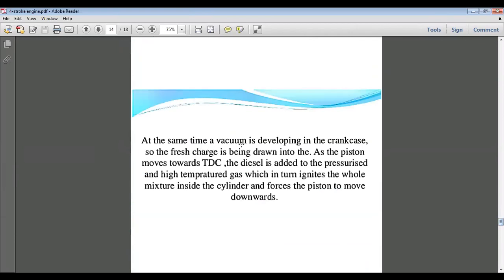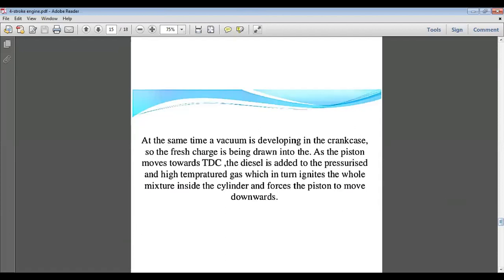At the same time, a vacuum is developing in the crankcase, so the fresh charge is being drawn in. As the piston moves towards TDC, the diesel is added to the pressurized and high temperature gas, which in turn ignites the whole mixture inside the cylinder and forces the piston to move downwards.